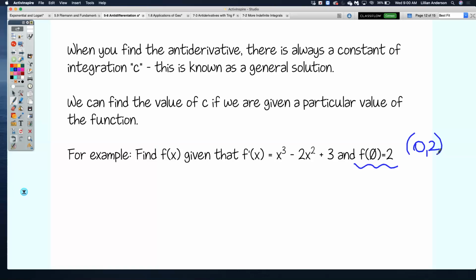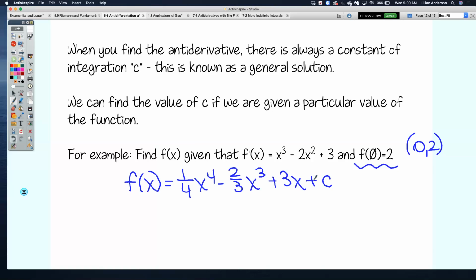So we can use that additional information as well as the general solution from before to find the actual value of c, which will give us our function. So all we have to do is plug in 2 for f of x, 0 for x, and then we would solve for c.